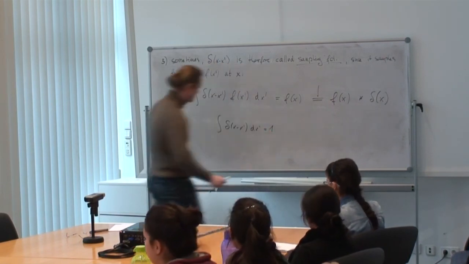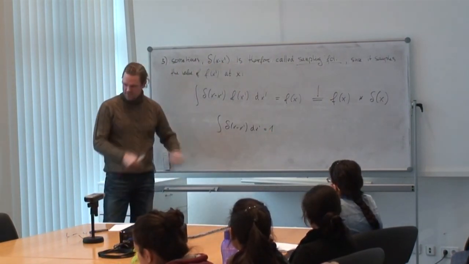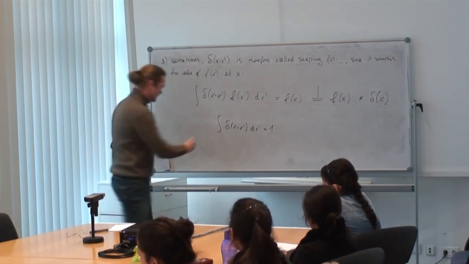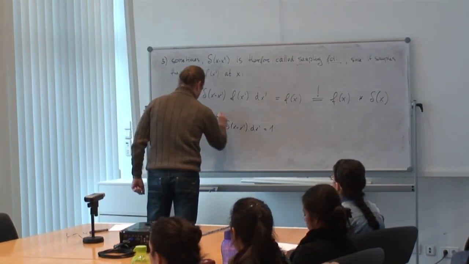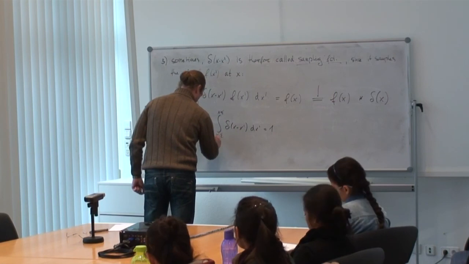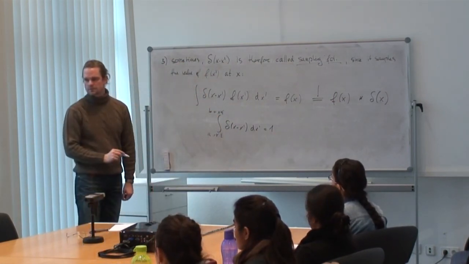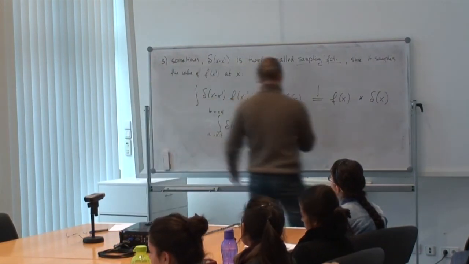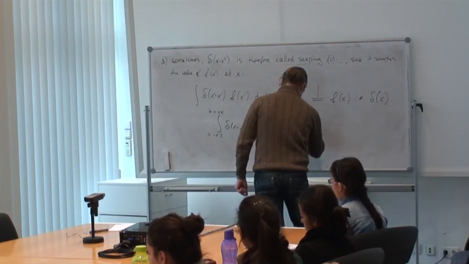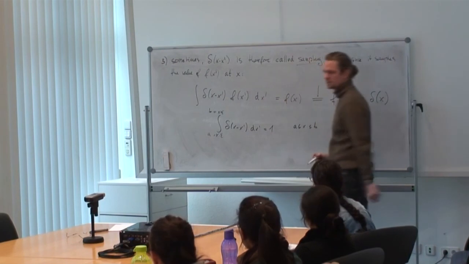This is supposed to be 1. And we need to look at some interval around x. And I had x minus epsilon and x plus epsilon, but I could call this a and I could call this b. Right? And so then I can say this has to be true for a less or equal than x less or equal than b.